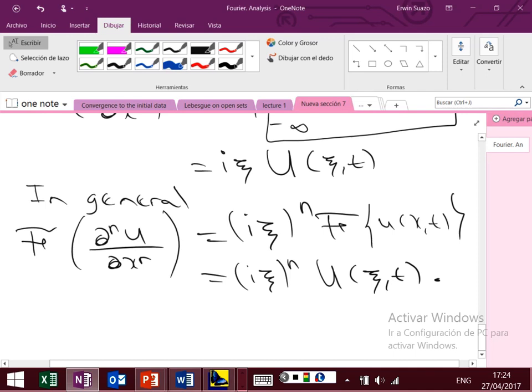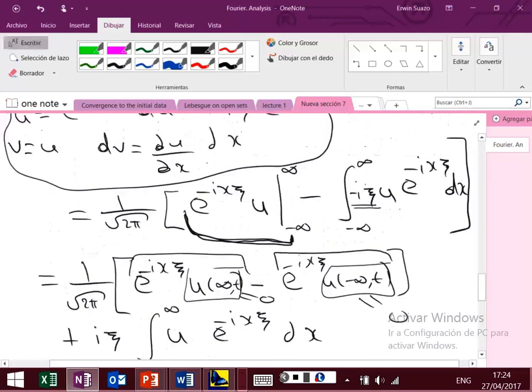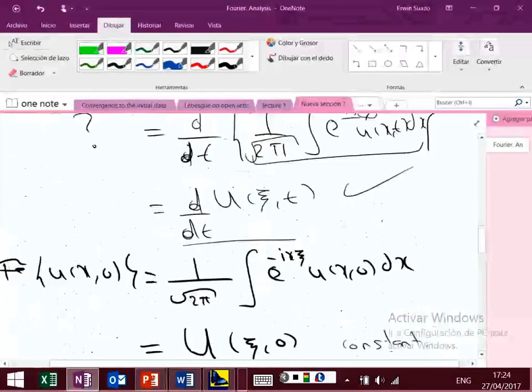Even better, when n is even, when n is 2, for example, you don't even have complex numbers, and that's good because when we are taking the Fourier transform.